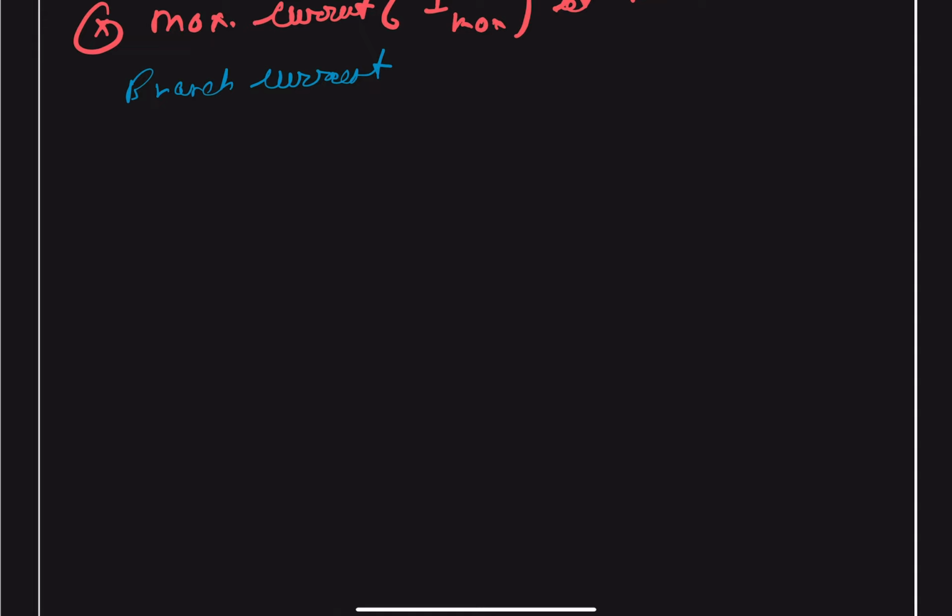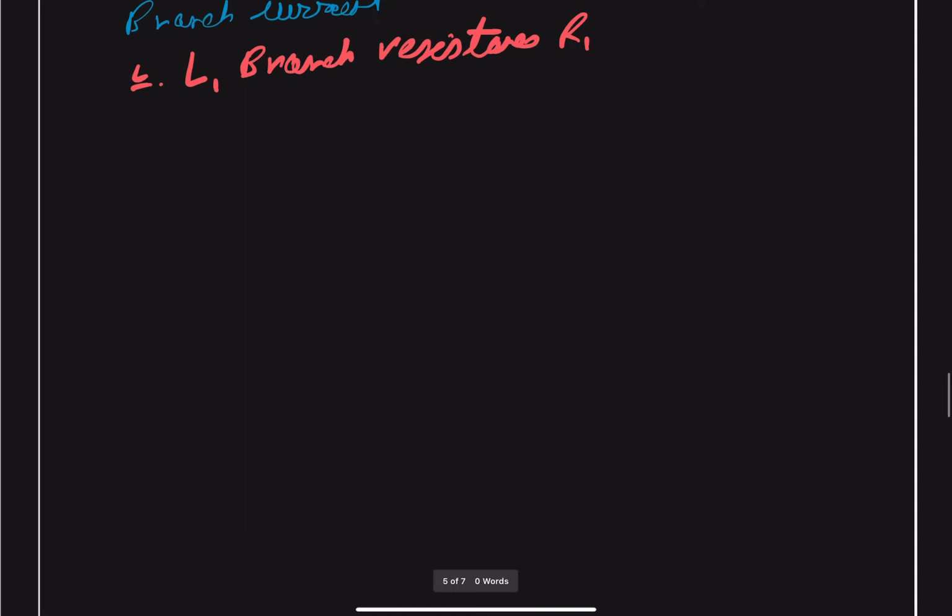So now we are going to have 3 branch currents. The first one is the L1 branch, whose resistance is given as R1, which is 3 ohm. Therefore IL1 at infinity will be equal to V upon R1, that is 5 upon 3 amperes.